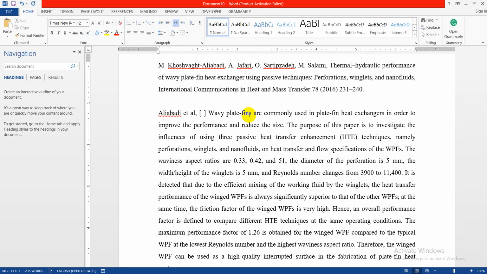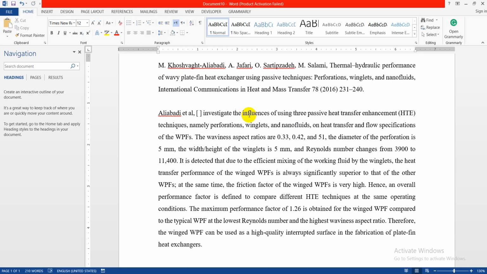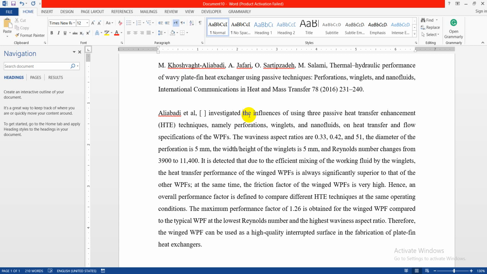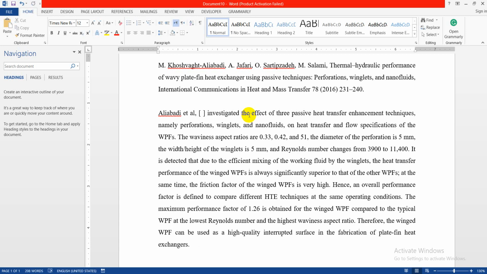The purpose of this paper is to investigate, so here I can delete them and then delete also this one, maybe cut. They investigated the effect of three passive heat transfer enhancement techniques, namely perforation, winglet, and nanofluid, on heat transfer and the fluid specification.